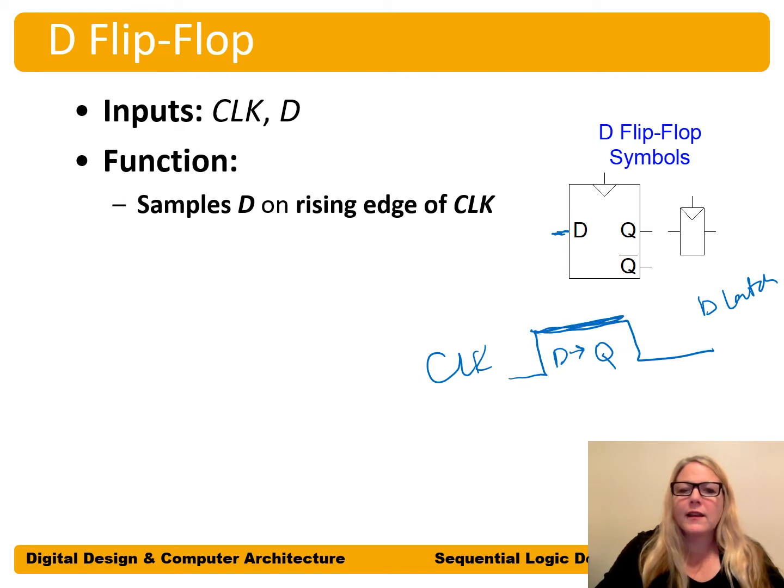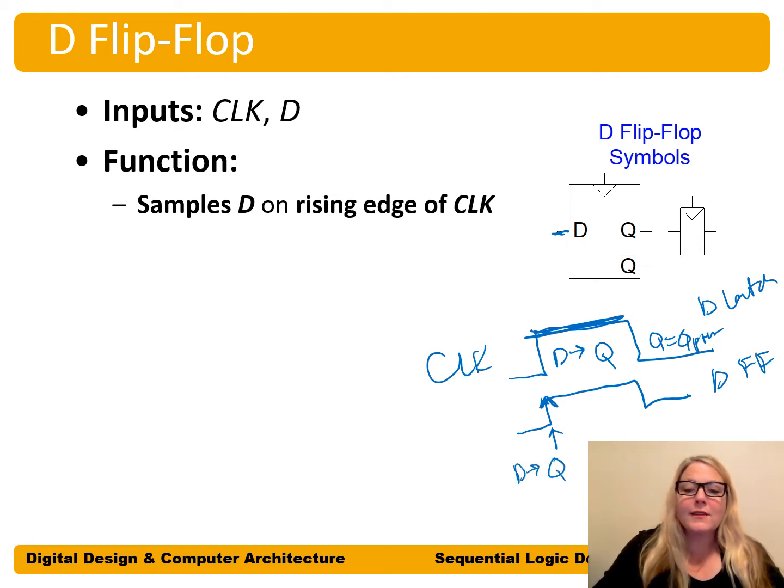Whenever clock was high, D passed through to Q. When clock was low, Q equals Q previous. But now, for our D flip-flop, D passes through to Q only at the rising edge of the clock. So it samples D, so D flows through to Q only at the rising edge of the clock.